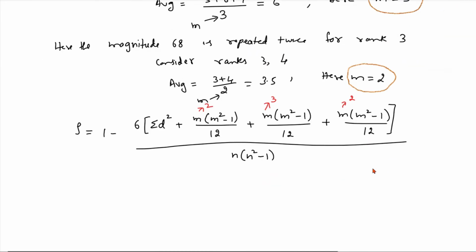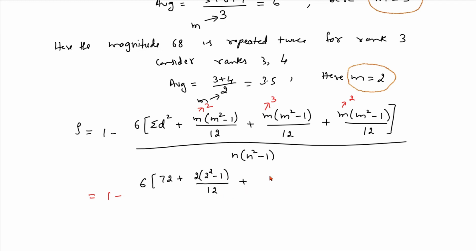So we know all the values, you just need to plug in over here. Which will be equal to 1 minus 6 times the summation of d square we have evaluated, its value will be 72, plus the first value of m is 2, so 2 into 2 square minus 1 divided by 12.